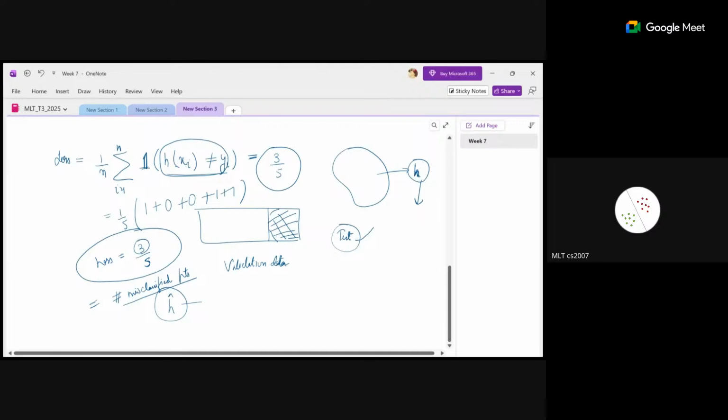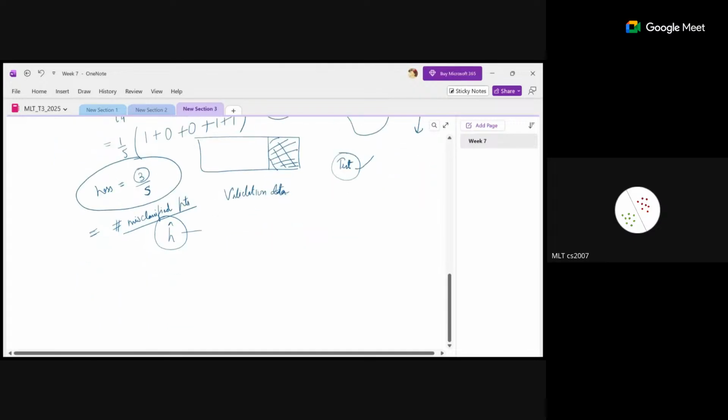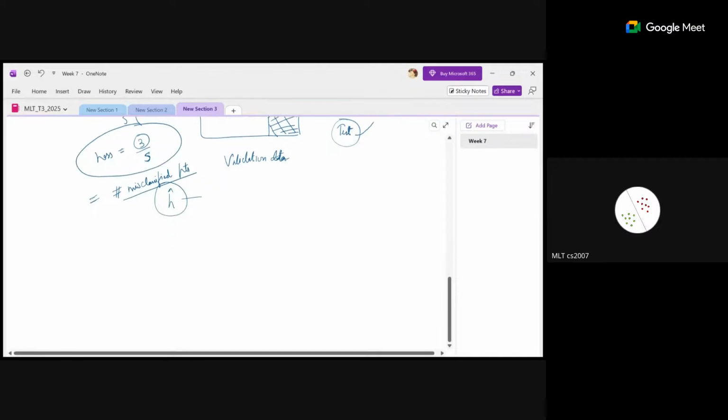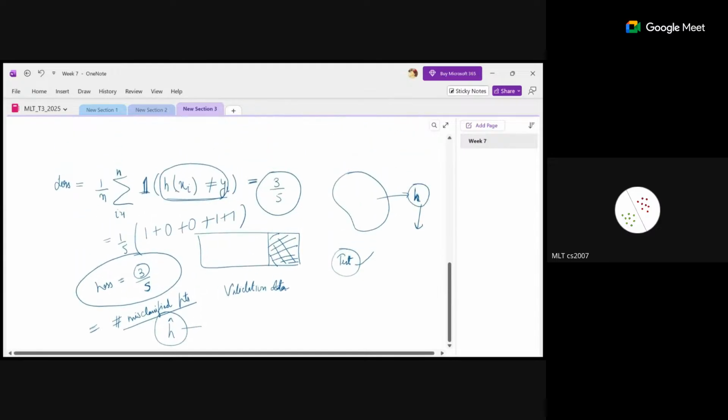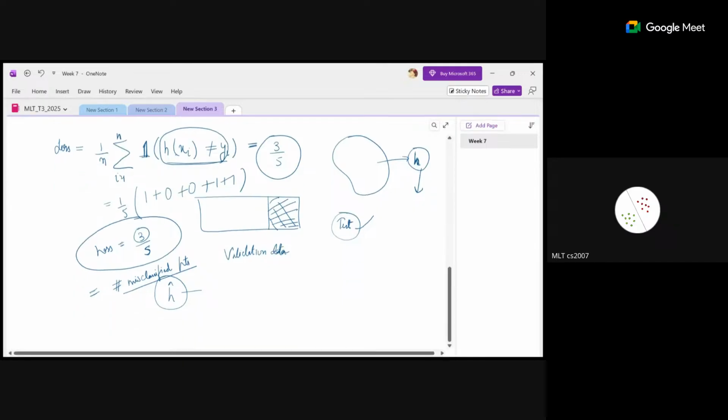Okay, so that was about the loss in case of a binary classification problem. What we are saying is, whenever my model makes a mistake, I am penalizing it by 1. Otherwise the loss is 0.